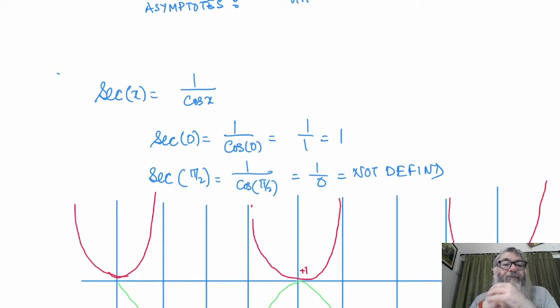And where will it be defined? It will be defined at all other points. At 0, sec 0 is 1 upon cos 0, the value of cos 0 is 1, so it will be 1.